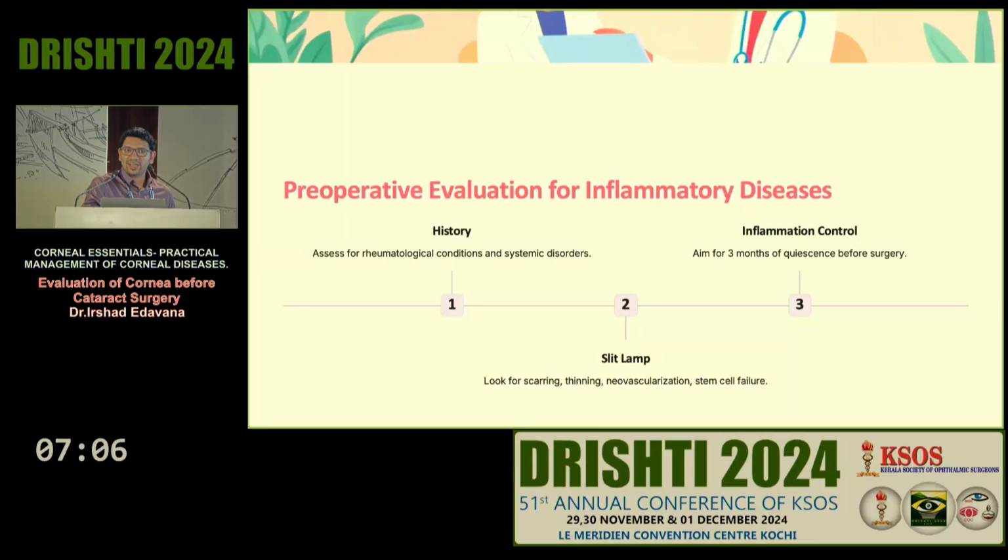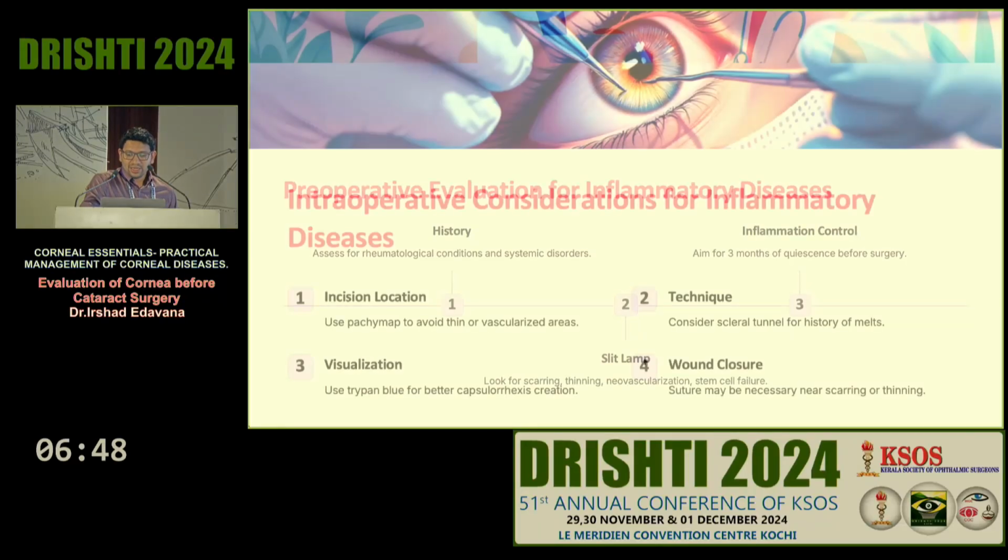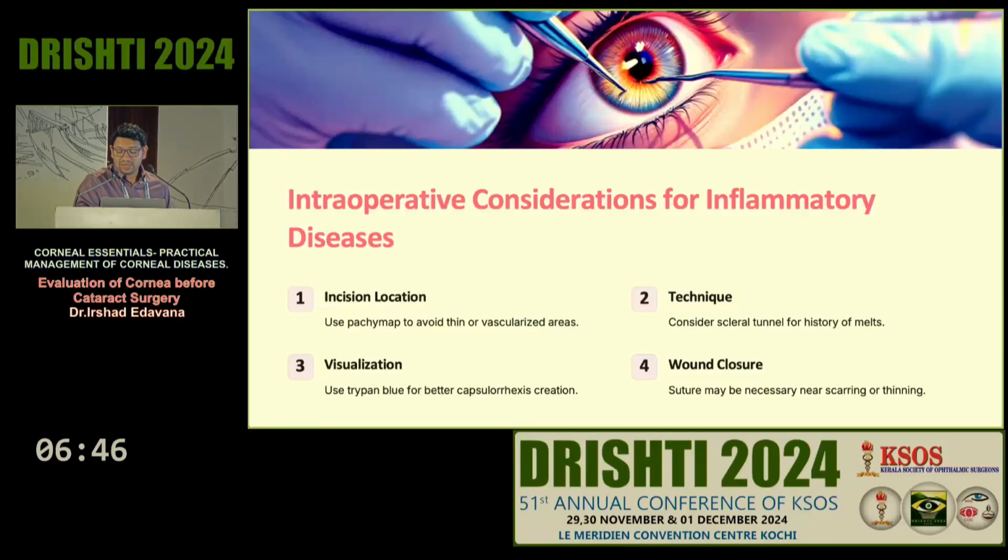If you don't have access to an immunologist, you can start a systemic steroid before the surgery, and ask the patient to bring all the previous investigation papers also. There should be a quiescent, pre-inflammatory period before surgery, at least 2 to 3 months, and look for stem cell deficiency also.